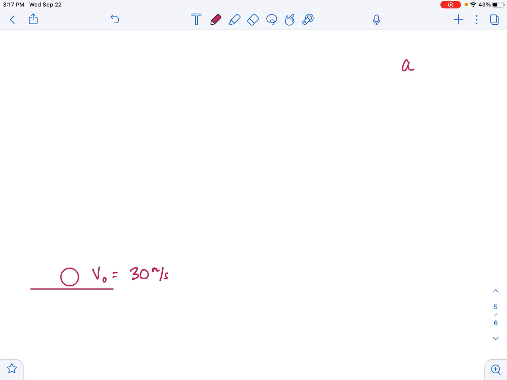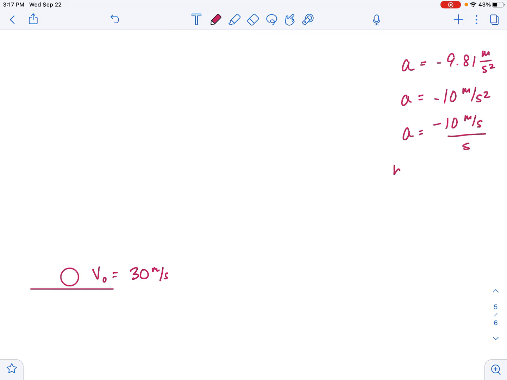And for the sake of this example, let's say that the acceleration is negative 9.81 meters per second squared, which I'm going to round to 10 just to keep the math easy so we can focus on the concept and not the calculations. Now, an acceleration of negative 10 meters per second squared is the same thing as negative 10 meters per second per second.